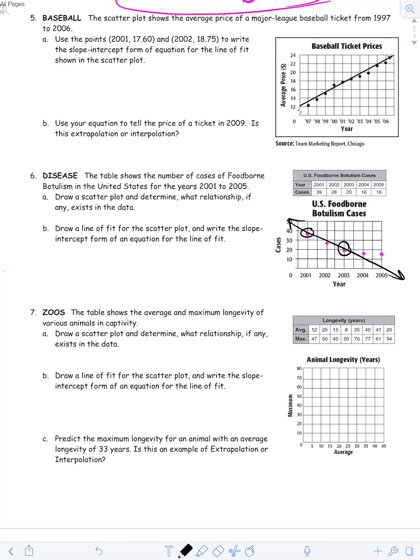Okay. I should be able to see that, like, I forgot to answer this. So the years are increasing as the cases are decreasing, which would give us that negative association.